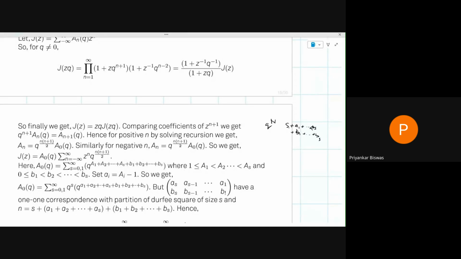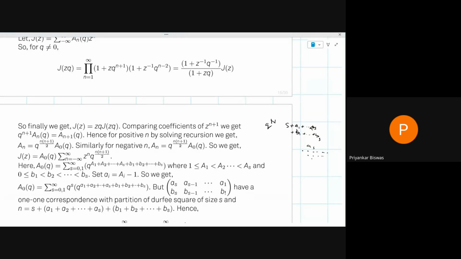And if we arrange it somehow like this, there are as many boxes here, and this is a_s minus 1.